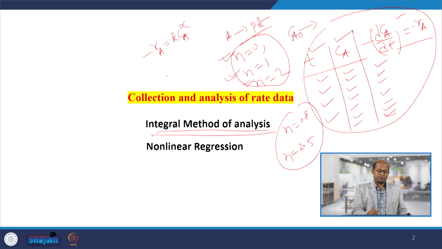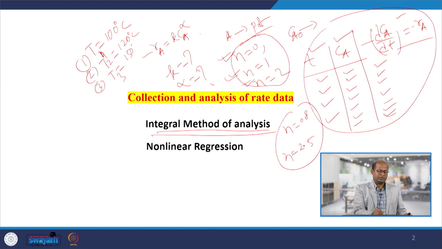C to the power alpha. How to find the specific reaction rate constant and alpha, meaning the order of the reaction, at a particular fixed temperature. The same reaction we can conduct at different temperatures, let us say 100 degree centigrade, similarly 120 degree centigrade, and 150 degree centigrade, if it is possible to achieve.